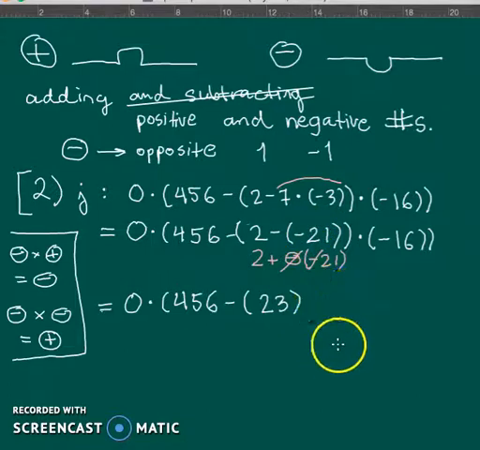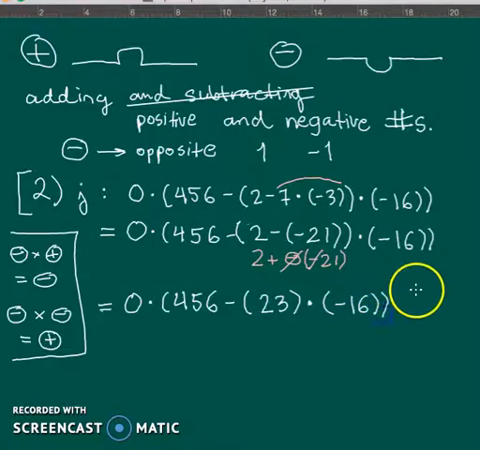I got rid of the one on the inside, and I'm multiplying this by negative 16. Close that bracket and close that bracket. Okay, so now if you take a look at this, I have these 2 big brackets that all this stuff is on the inside of. So I want to work on the stuff that's in here before I multiply everything by this 0 out here.